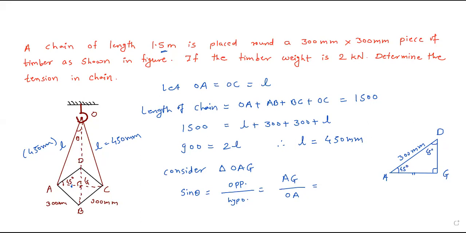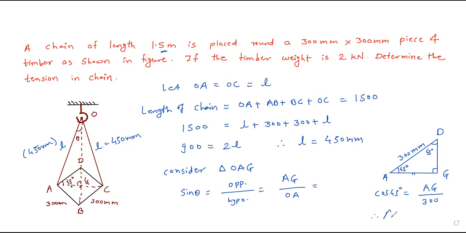To find AG, I can use cos theta. Cos 45 is equal to the adjacent side AG divided by the hypotenuse 300.